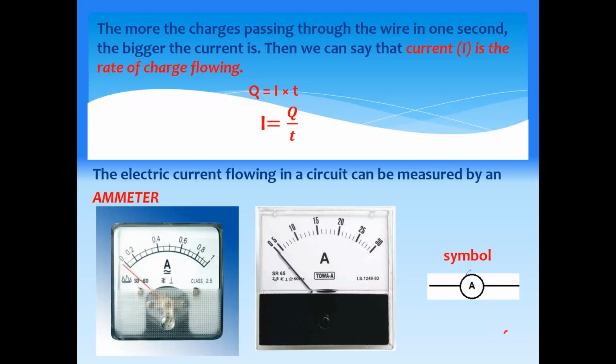The circuit symbol for an ammeter is the letter A. Whenever A is written, it means it's an ammeter, and its purpose is to measure the current.